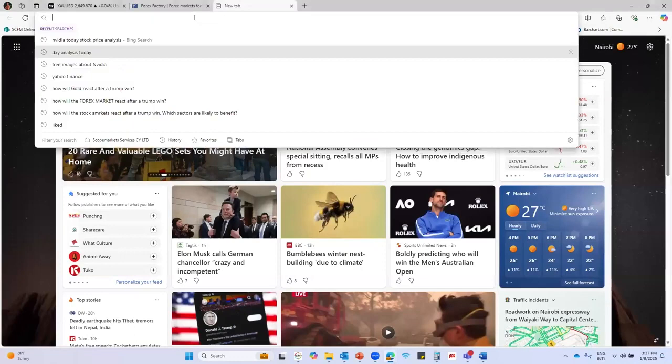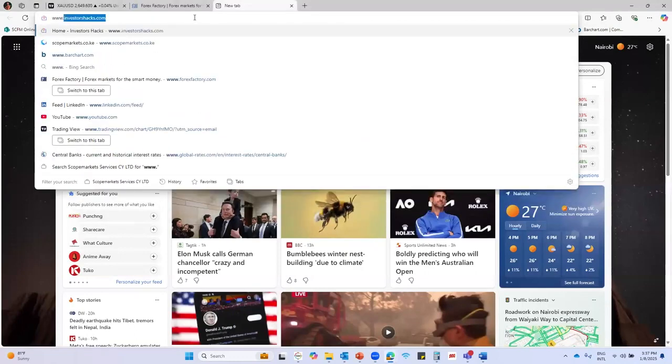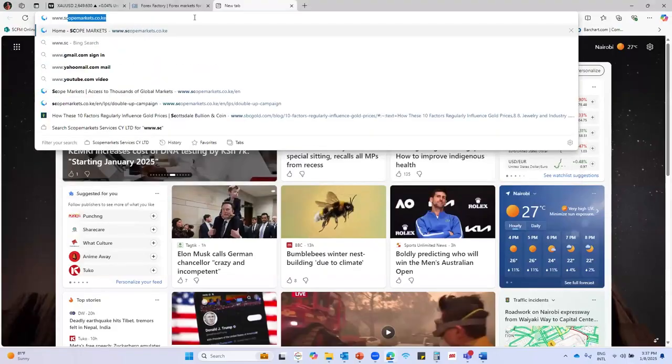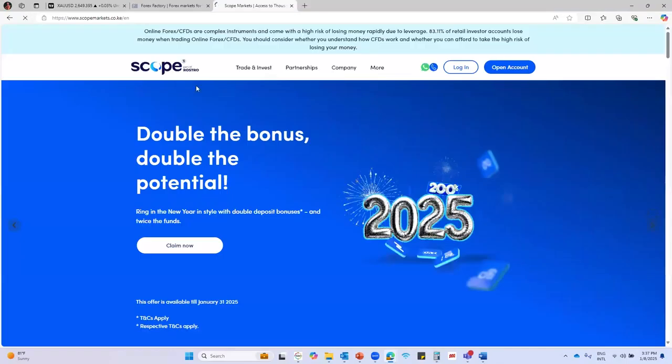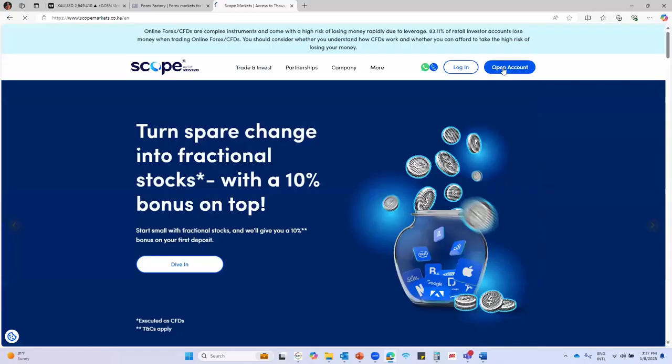So guys, when you go to the portal, you need to search www.scopemarkets.co.ke. It will bring you to this website. Then you have an option to open an account.